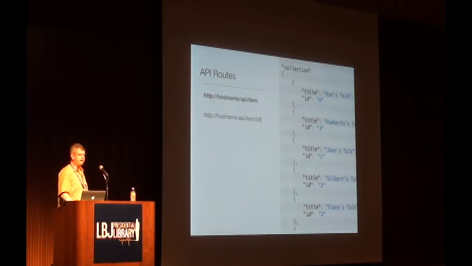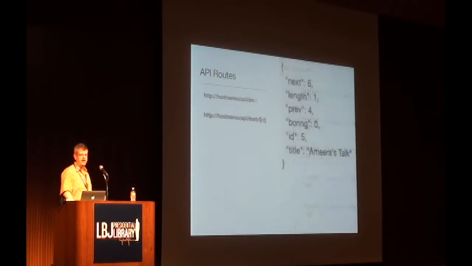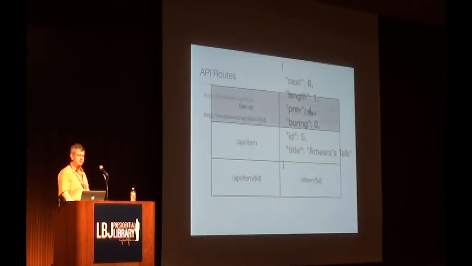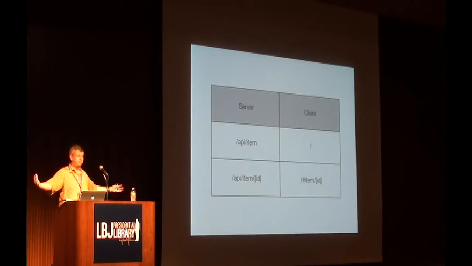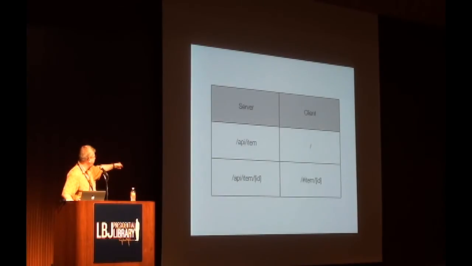So here's the API routes, hostname/api/item, and hostname/api/item/ID. So you get this really great parallelism going on. This is sort of the Rosetta Stone of designing these applications. You have on the server side, we have the APIs, and then we have the corresponding paths for views on the client.